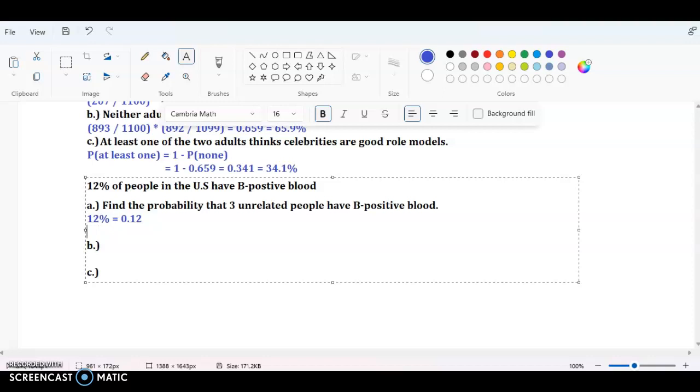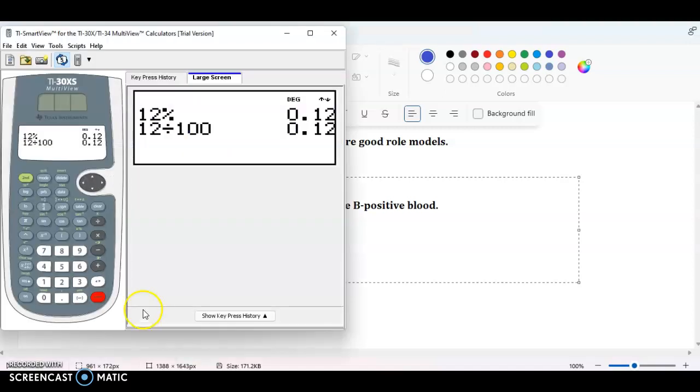Since these people are unrelated, the fact that the first person has the blood type does not affect the probability that the next person has that same blood type. So to get the answer, we're going to do 0.12 multiplied by 0.12 multiplied by 0.12. So we're going to multiply 0.12 by itself 3 times.